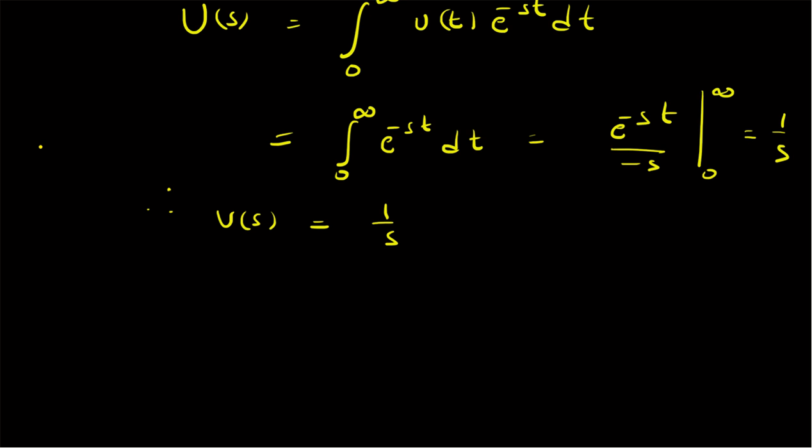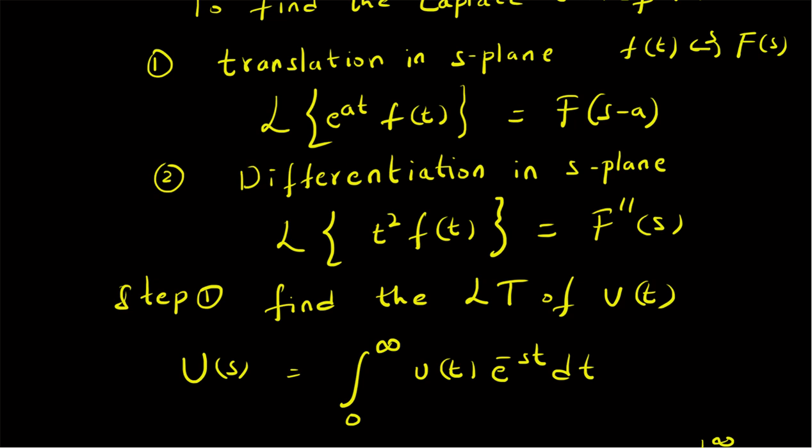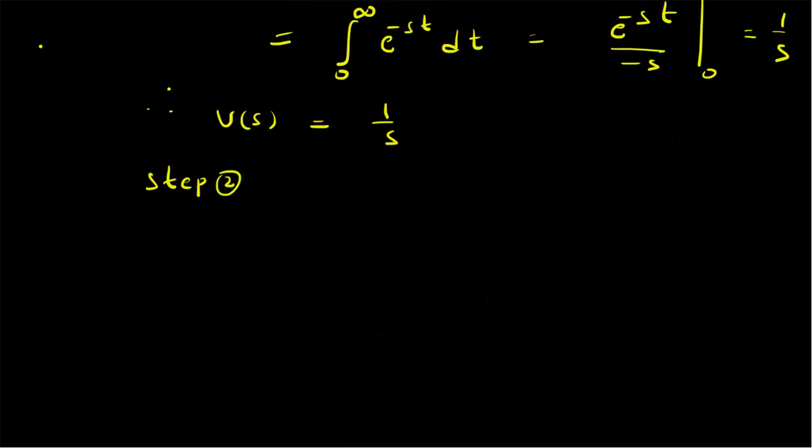Now, step 2. We apply property 1, that is, the translation property, translation in S-plane. Laplace transform of e power at f of t is F of s minus a. So, let us call this Laplace transform X1 of s, which will be the Laplace transform of e power minus 2t u of t.